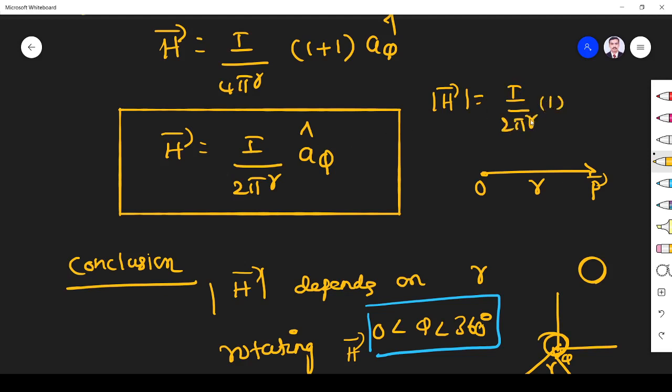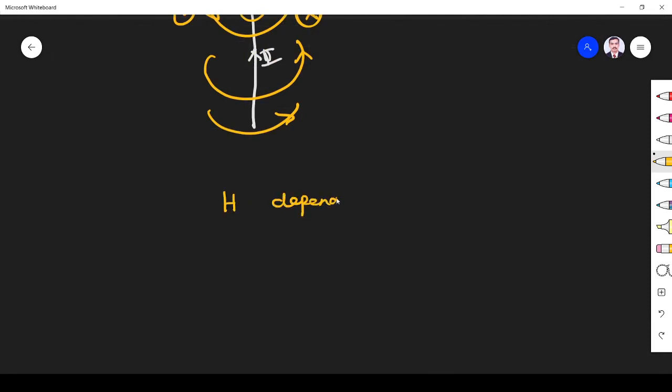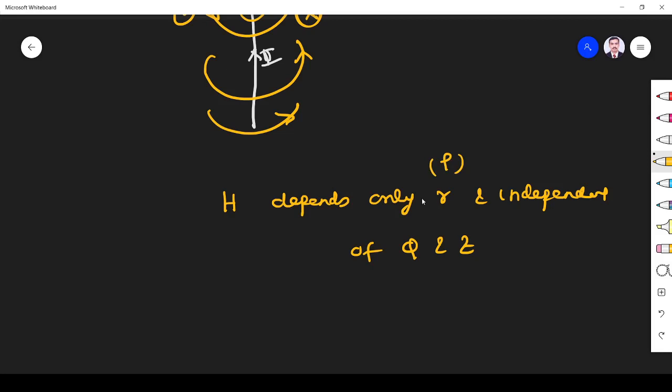So you see the magnitude of the magnetic field is independent of phi and independent of Z. It depends only on rho or R. In cylindrical coordinates, the magnitude depends on rho only, but the direction depends on phi, a phi. That's why it is creating a rotating magnetic field.